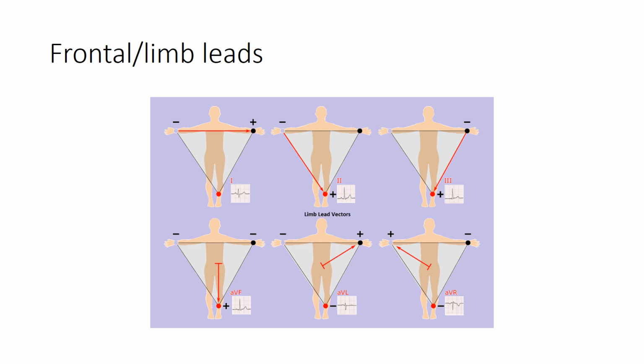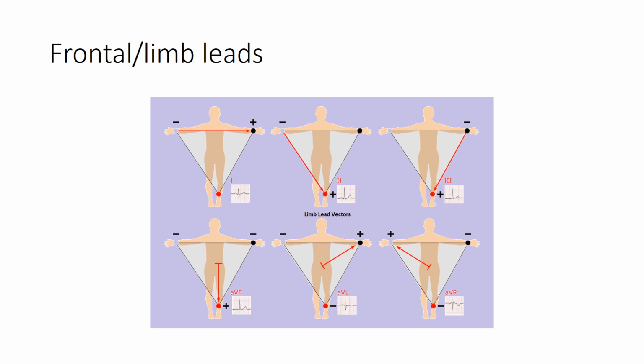The bipolar limb leads are denoted as lead 1, 2 and 3, and as the name indicates, bipolar means that these leads have a direction, a negative point and a positive point. Lead 1 is directed from right arm to left arm.